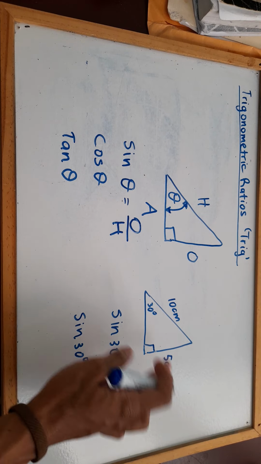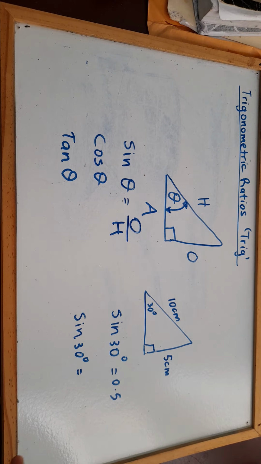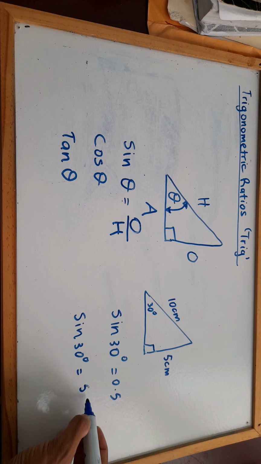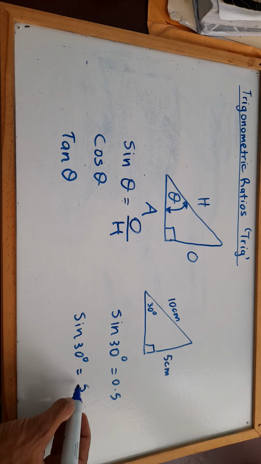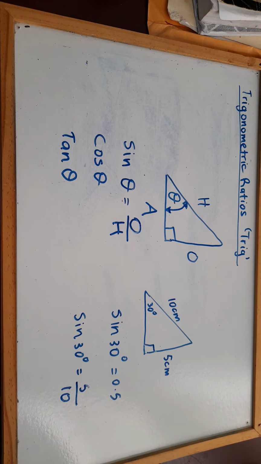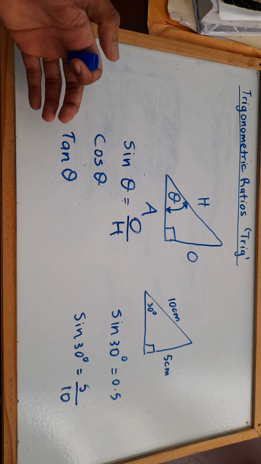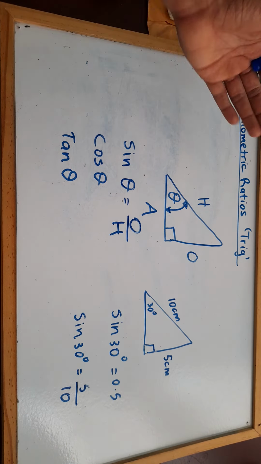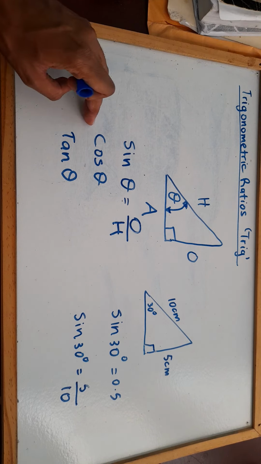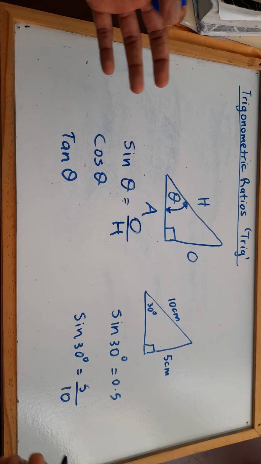This 5 cm is opposite of the angle given. It's the same as dividing the length of our opposite by the length of our hypotenuse, 10, which is the same value as 0.5. That's basically all this does: it gives us a relationship between operating on an angle and the lengths of sides.